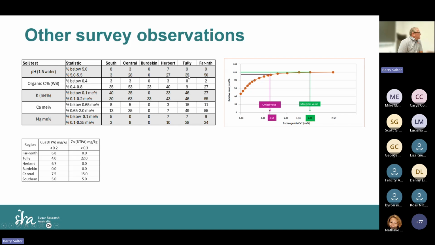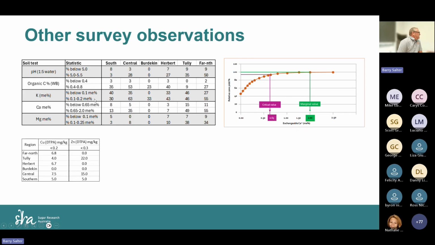To the extent to which this is affecting productivity, I can't really tell you, but certainly it's not ideal from a productivity perspective to have our pHs below 5.5, and in some cases they were less than 5. I've already spoken about organic carbon.